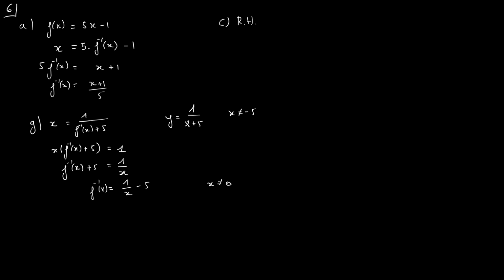So while these are inverses of each other, there are some parts that move, where the function couldn't exist before, where there was an asymptote. That one will also move and be in a different place. And basically you have a different domain for both functions. So here x is not allowed to be negative 5, and here x is not allowed to be 0.